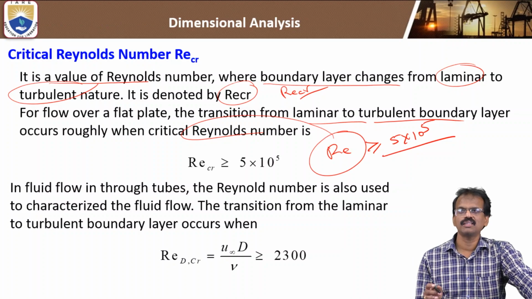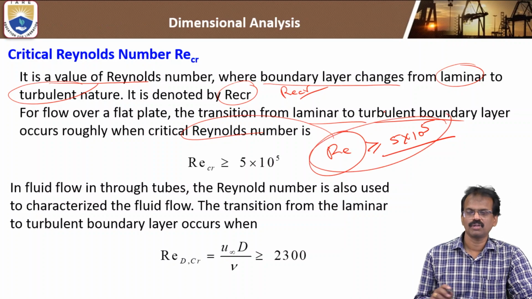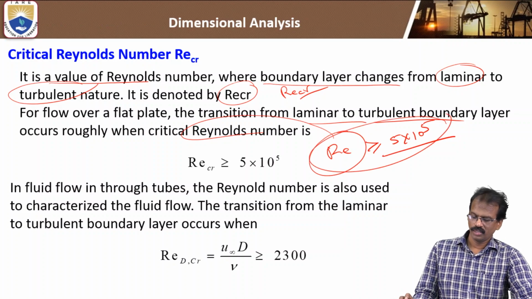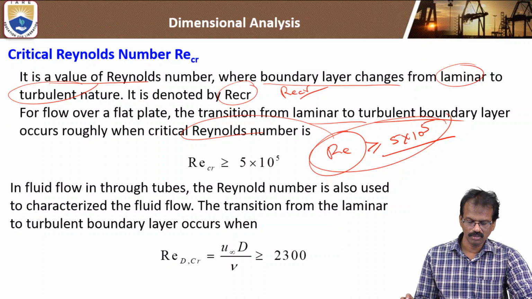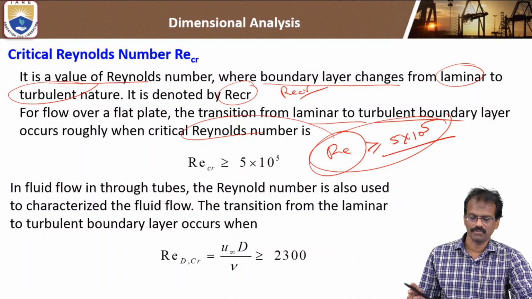If it is less than that, it is laminar flow. So this is the critical Reynolds number point. Above the critical Reynolds number, that shows turbulent flow. Below it, that shows laminar flow.